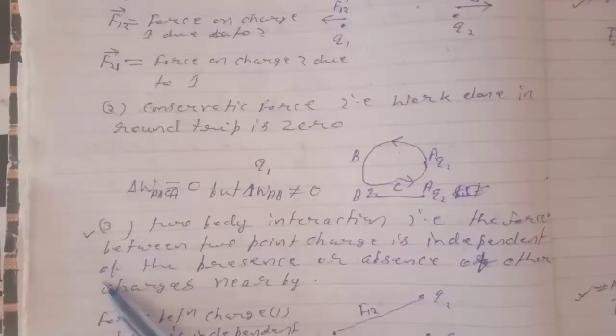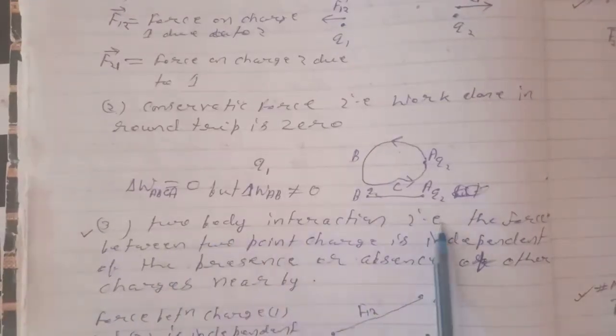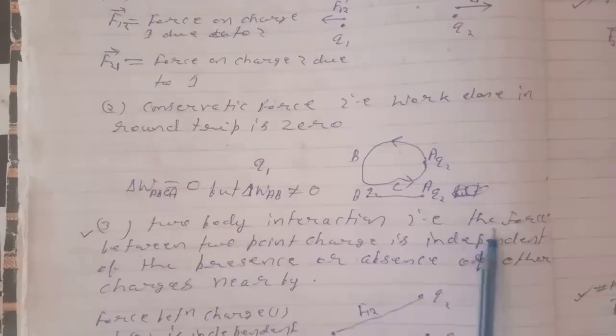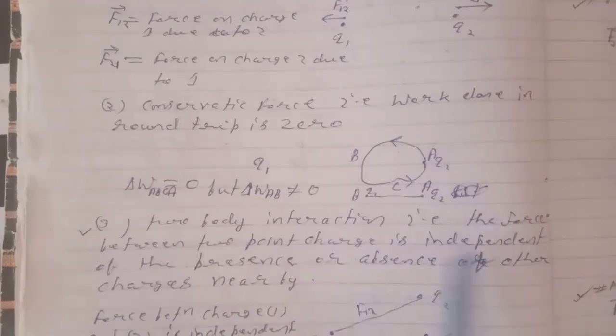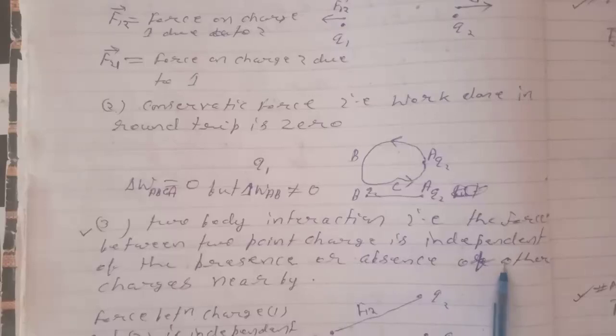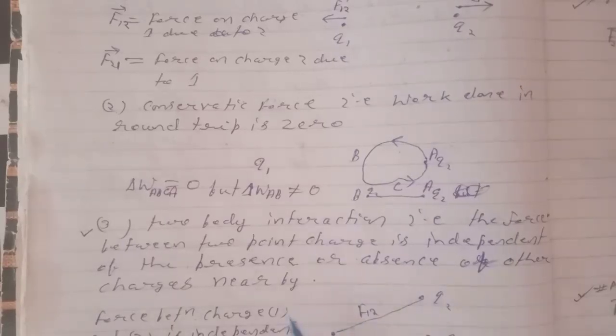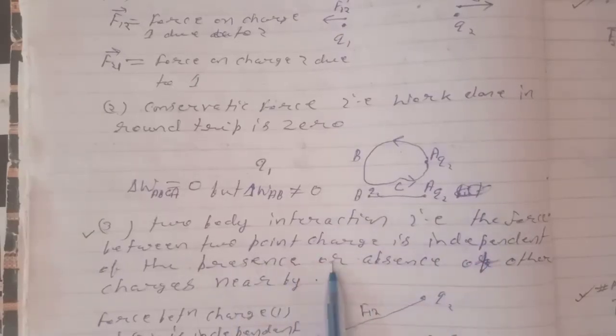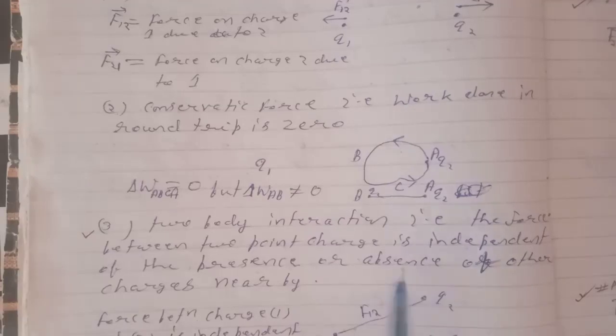Third, two body interaction, that is, this force acts between two bodies. The force between 2 point charges is independent of the presence or absence of other charges nearby.